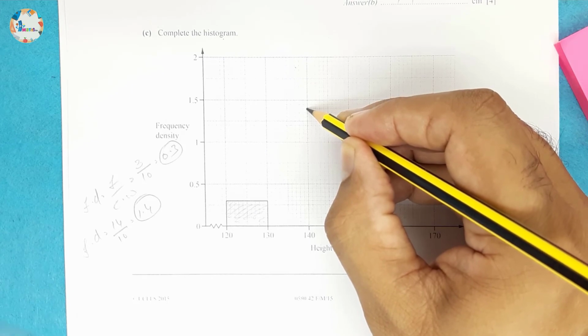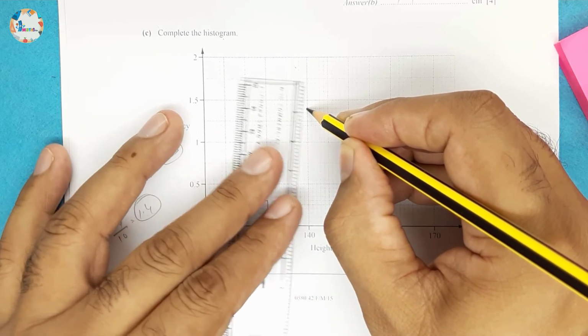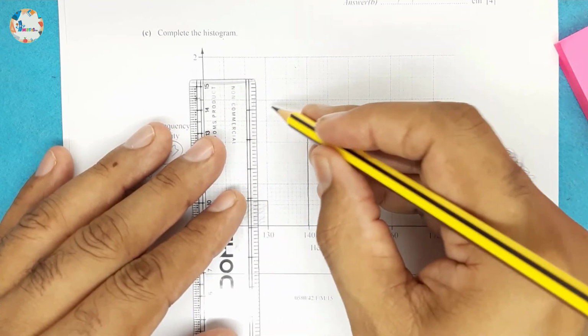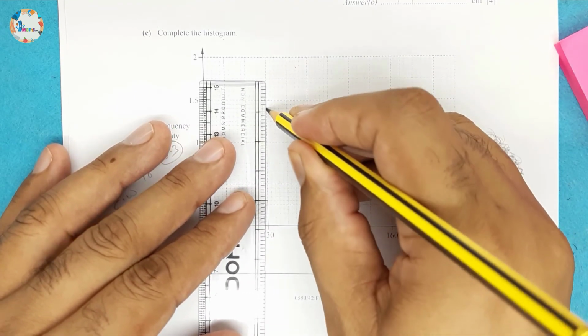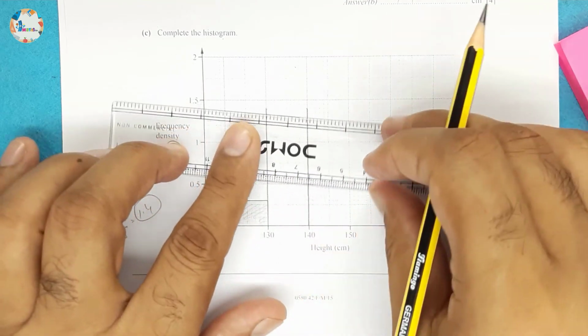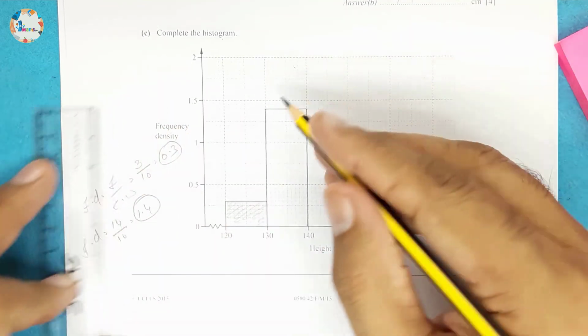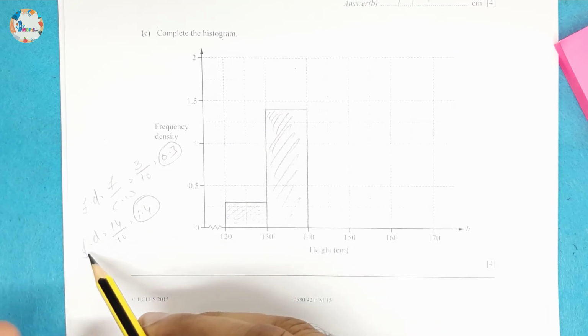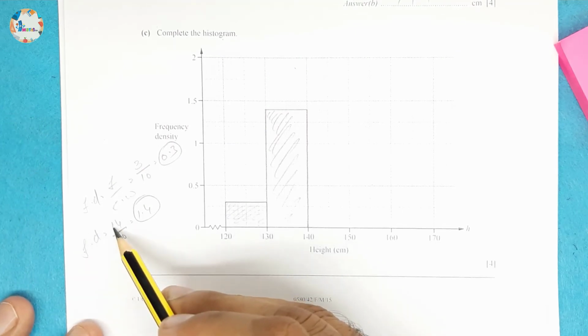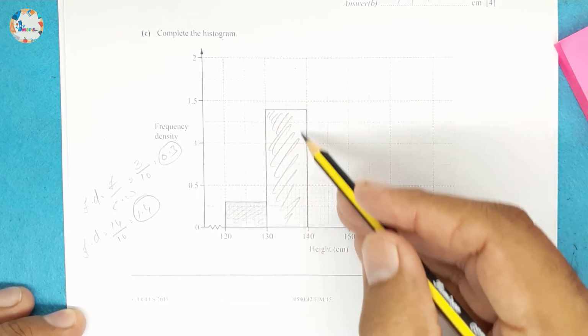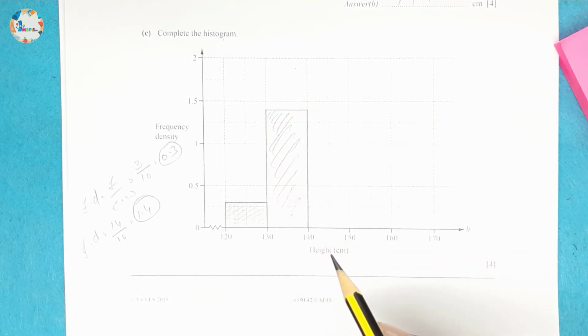So we can draw the bar like this. We have to close the bar in case of a histogram. So basically we have done frequency density, 14 frequency divided by the class width, 1.4. This we can draw as this bar.